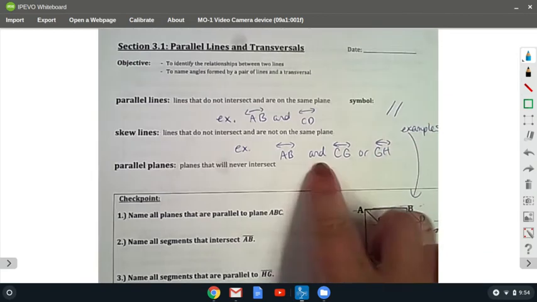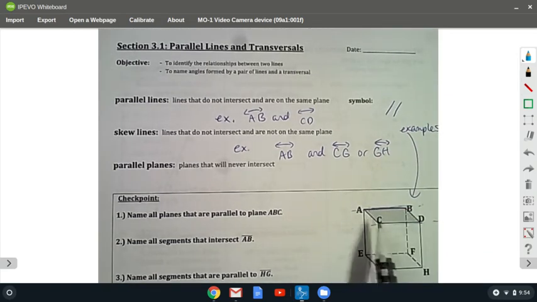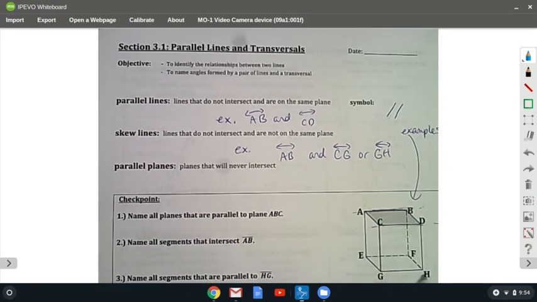Both of those are skew to AB. They never intersect, so this, if it kept going, is never going to hit here. It's never going to intersect, and same with GH. It's going this way. It's never going to even come close to that, and they're not on the same plane.